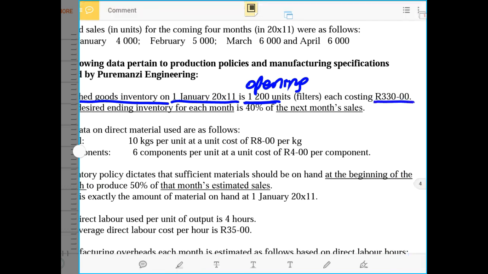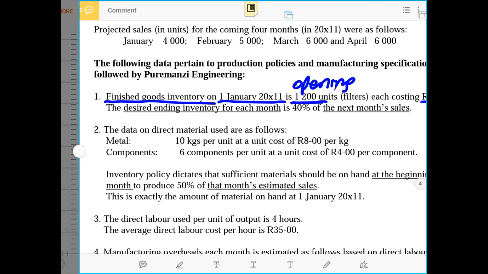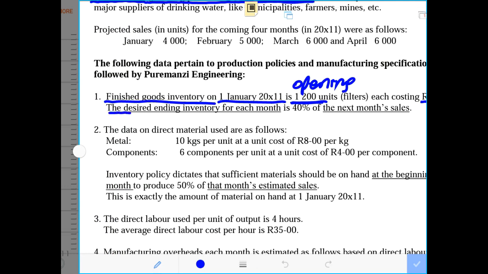So the cost for these finished goods was 330. Then it further says that the desired ending inventory for each is 40%.